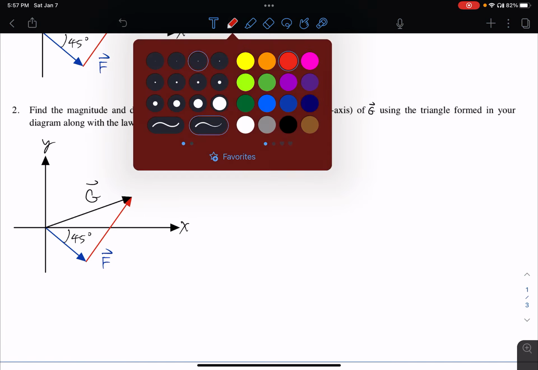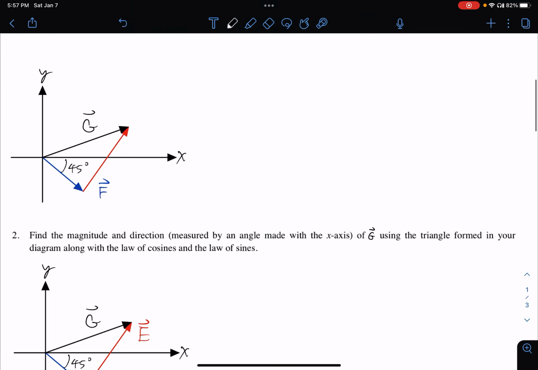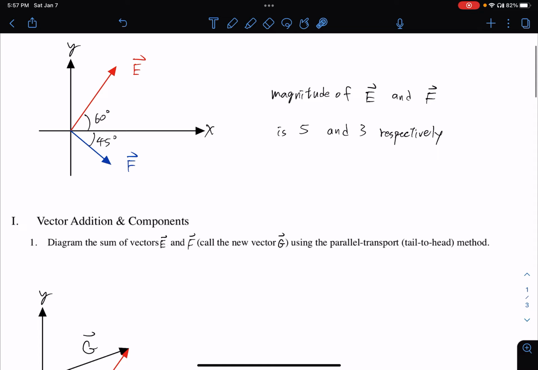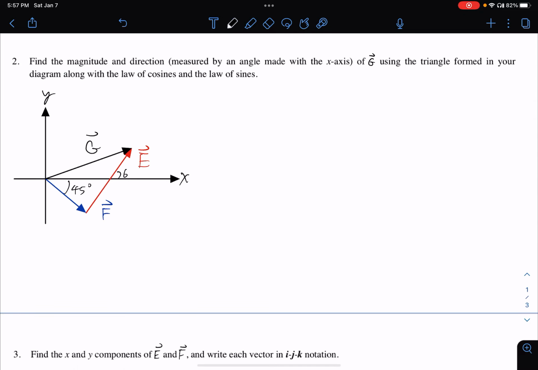We know that vector E makes a 60-degree angle with the X axis. So this angle over here will be 60 degrees, which means that this angle here will also be 60 degrees.